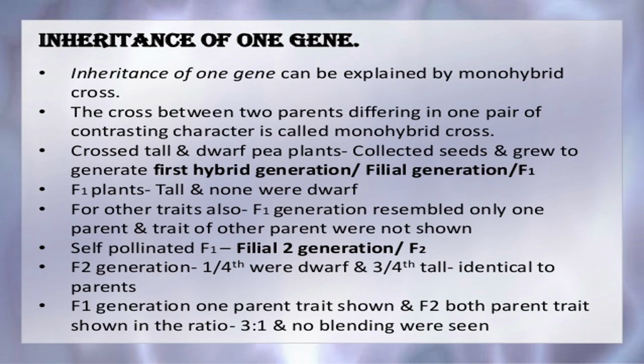In the F2 generation, one-fourth were dwarf and three-fourths of the plants were tall. In the F1 generation one parent's trait is shown, and in the F2 generation the phenotype of both parents was shown in the 3:1 ratio, and there was no blending.